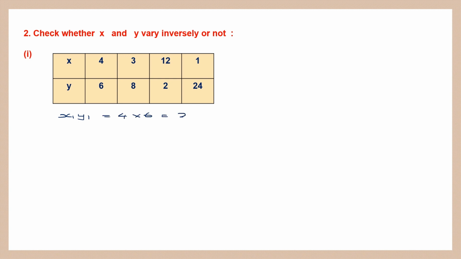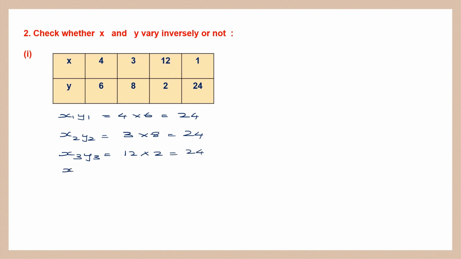4 6s are 24. Let's take x2, y2. x2 is 3 and y2 is 8. 3 8s are 24. Let's take x3, y3. x3 is 12, y3 is 2. 12 2s are 24.